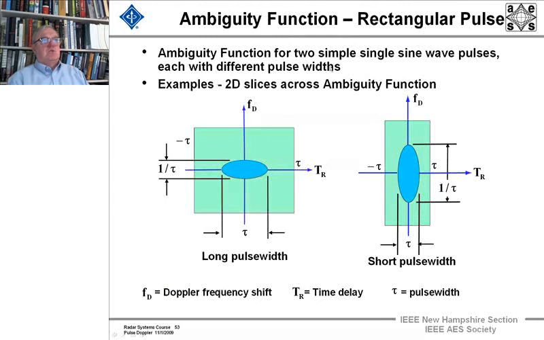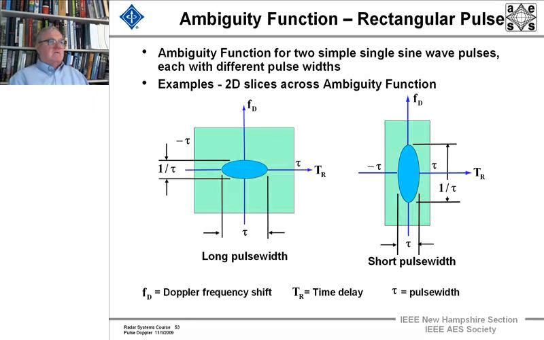Ambiguity functions for 2 simple signal pulses, each with different pulse width, is shown here. And what we've shown are 2-dimensional slices across the ambiguity function, where this region shows you a region of high response, it's like a slice across a mountain.